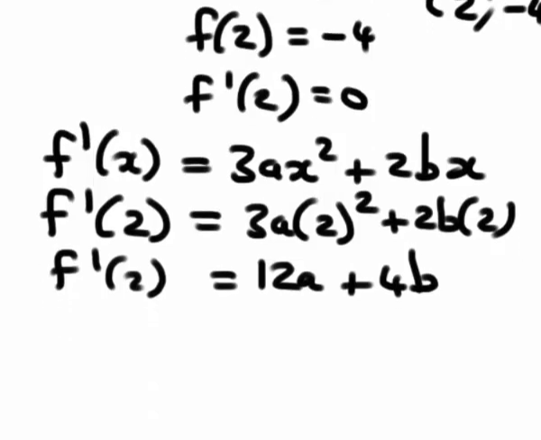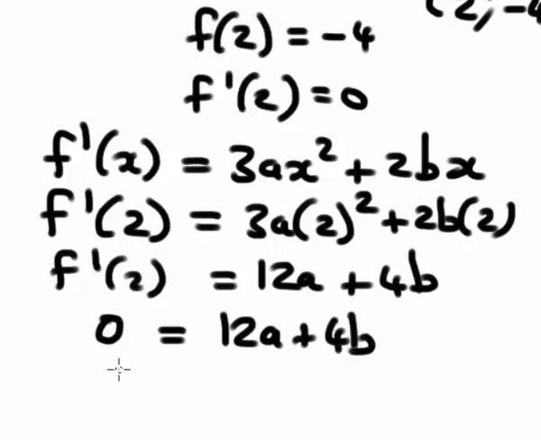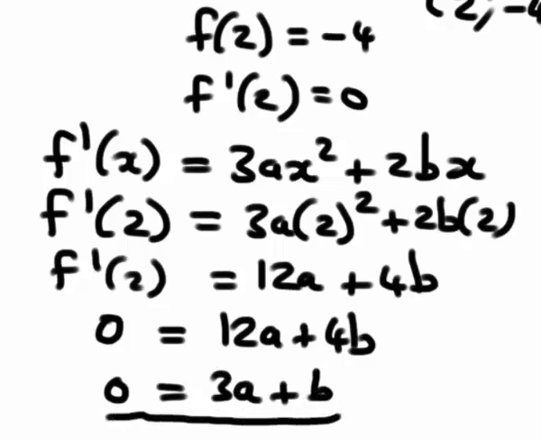And of course, at a turning point, the gradient at 2 is 0. So we have 12a plus 4b equals 0. Maybe we can divide throughout by 4, making our life a little bit easier. So hold on to that. It looks like some kind of simultaneous equation. Remember, you could do that because of the turning point.